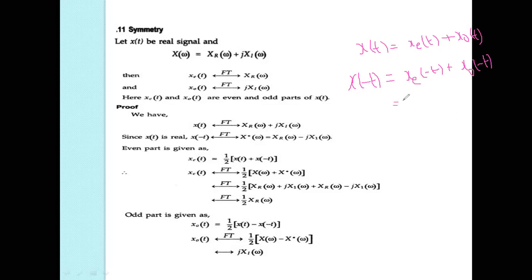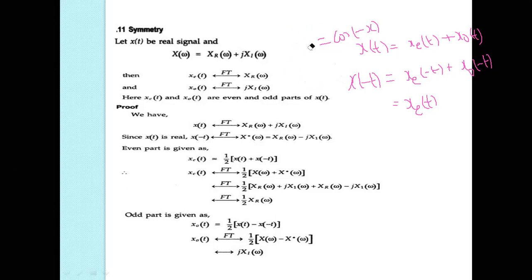For even functions, for negative values you also get the positive value. The even function is nothing but the cos function: cos x is equal to cos of minus x. An odd function means sin x is an odd function: sin of minus x is equal to minus sin x.